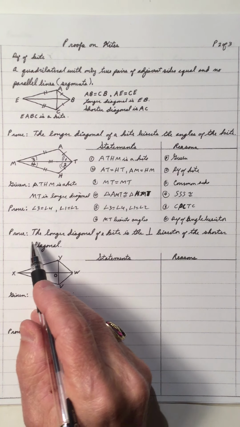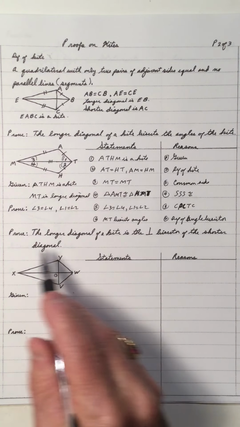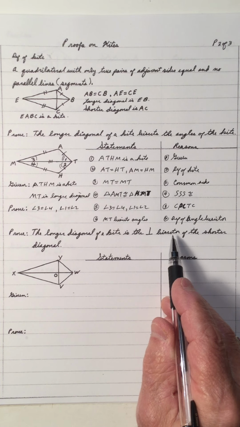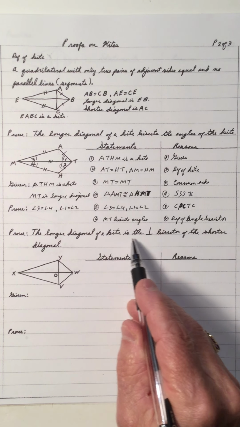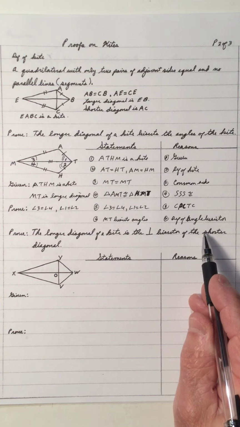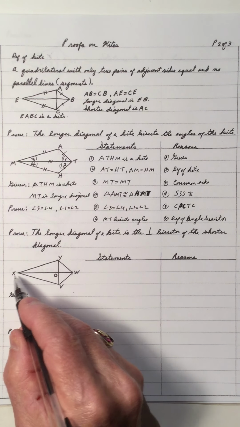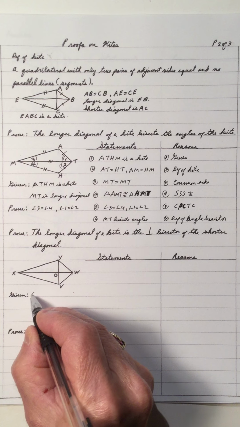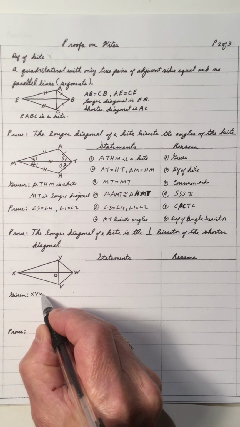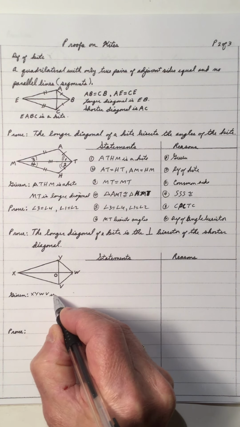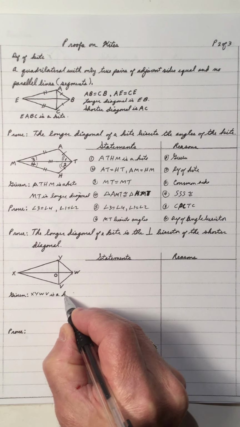Okay, next one. Again, pause the video if you wish and see if you can do this proof. The longer diagonal of a kite is perpendicular to the shorter diagonal. So we have a kite here, so XYWV is a kite.